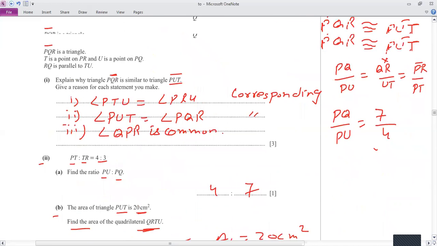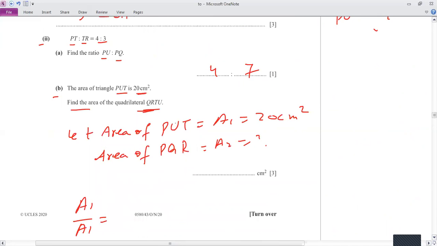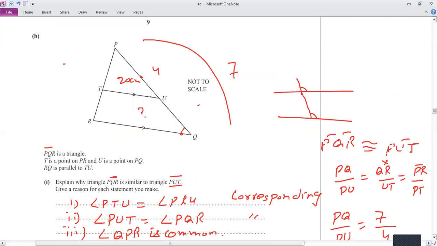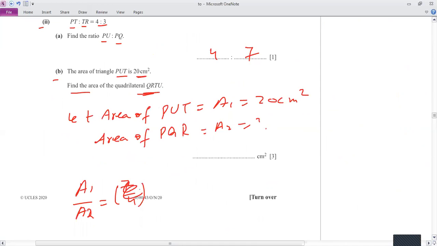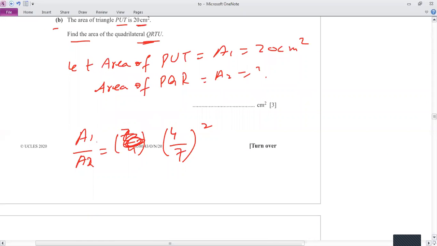Taking A1 over A2, as I'm taking the smaller triangle, PU is 4, so it should be 4 over 7, squared. For the smaller triangle take the smaller side, for the big triangle the big side. So 20 over A2 is equal to 16 over 49.